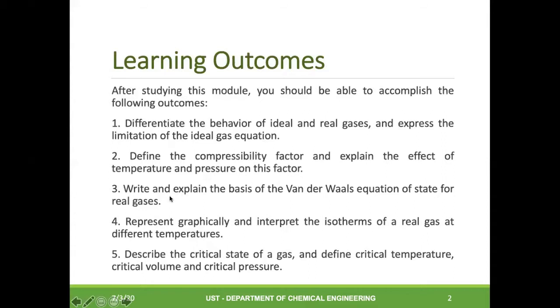Next is to write and explain the basis of the van der Waals equation of state for real gases. Fourth is to represent graphically and interpret the isotherms of real gases at different temperatures and describe the critical state of a gas and define critical temperature, critical volume, and critical pressure.